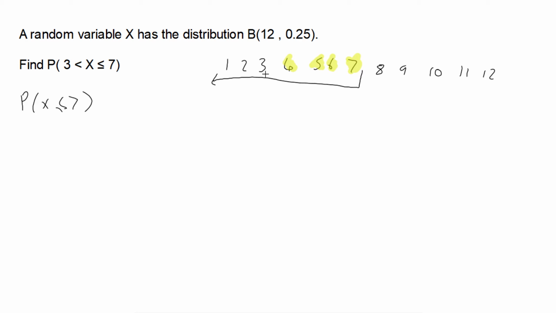But what I don't want is I don't actually want this bit here. I don't want 1, 2, or 3. So if I find the probability of all of it and then remove or subtract the probability that x is less than or equal to 3, I can find out 4, 5, 6, or 7.